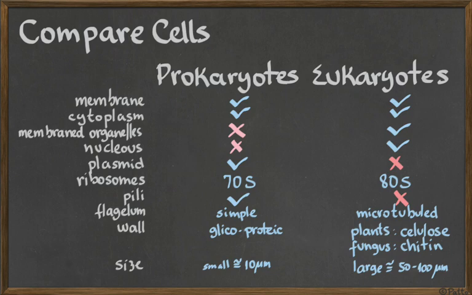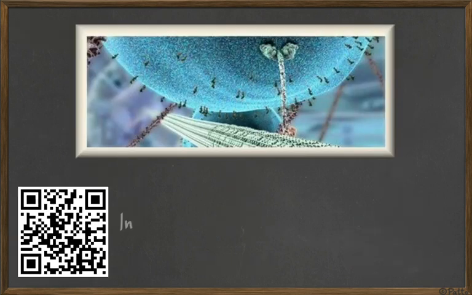Not membrane outside, but they have membrane also inside. So they can make more processes happen in faster ways if they play with membranes in a different way compared to the prokaryotes. So eukaryote cells can grow bigger in part because they have lots and lots and lots of membranes inside. Okay.